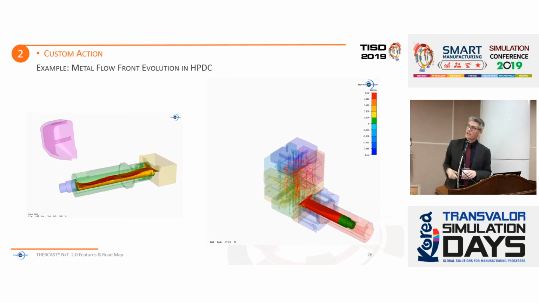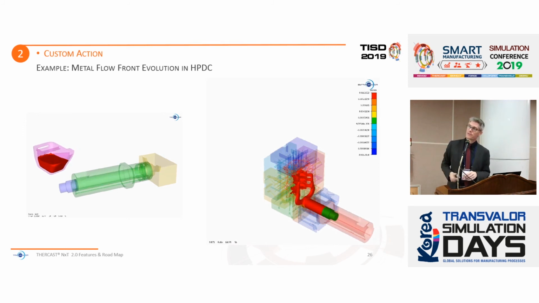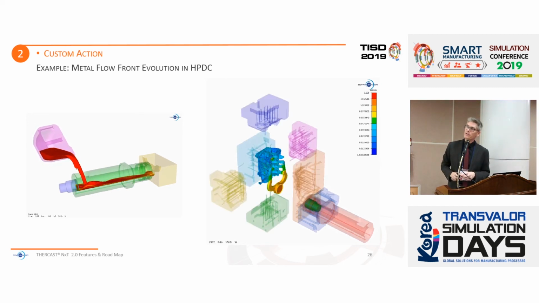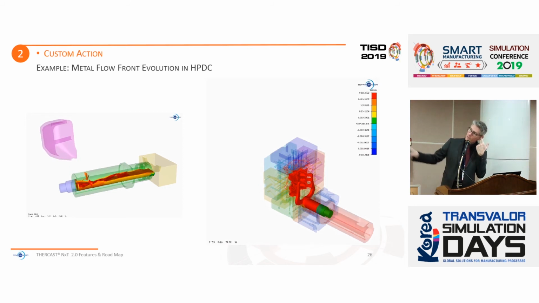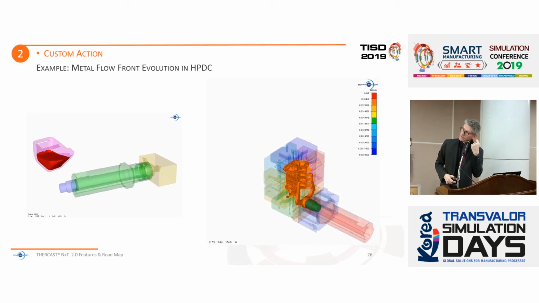So this is a HPDC computation. On the left side, you see what we so call the first step of the process, when the melting pot is rotating in order to fulfill the tank, and then when this step is finished, we activate the second one on the right side, which is the filling of the mold by the piston trajectory.